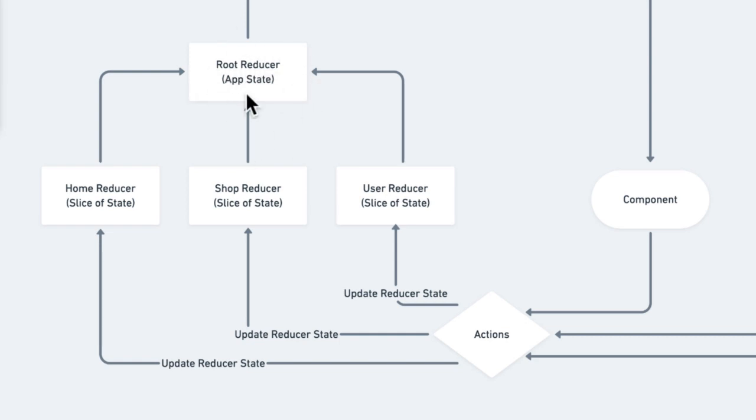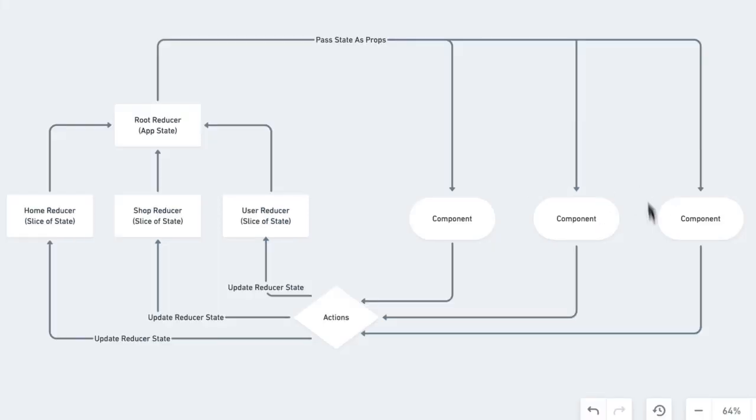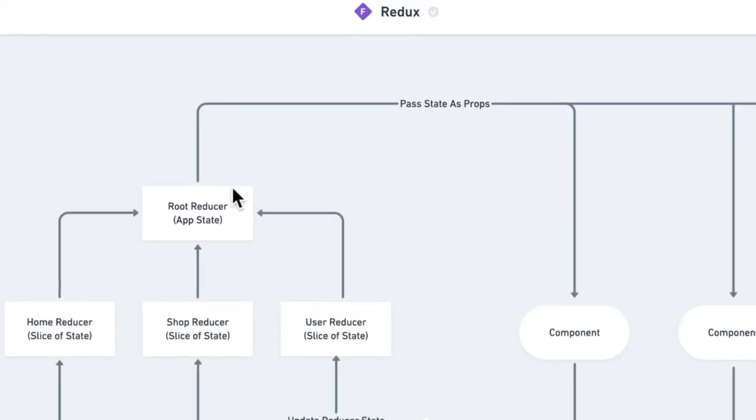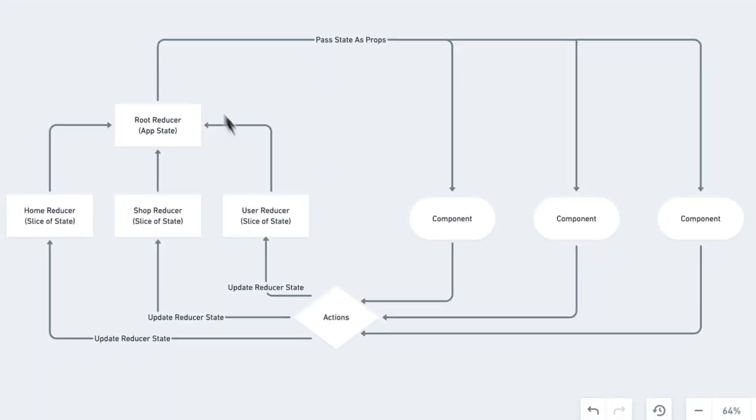And then from the root reducer, when the components need those pieces of state in order to populate and display their views, we would pass that state into those components as properties, as the props that they need to display in order for our components to function the exact way that we've been writing them.